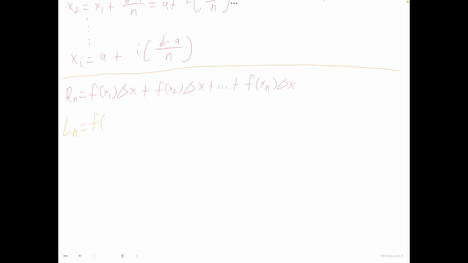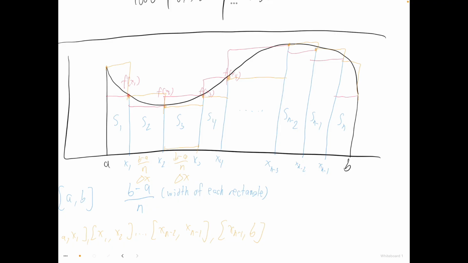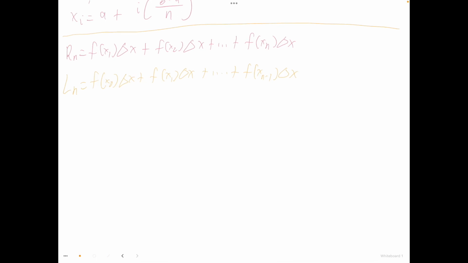So we have f of a, which is x0, times delta x, plus f of x1 times delta x, and so on, up to f of x sub n minus 1 times delta x. Now we only go to n minus 1 there because the last rectangle is off of x sub n minus 1's height, where we used xn's height on the right-hand side.